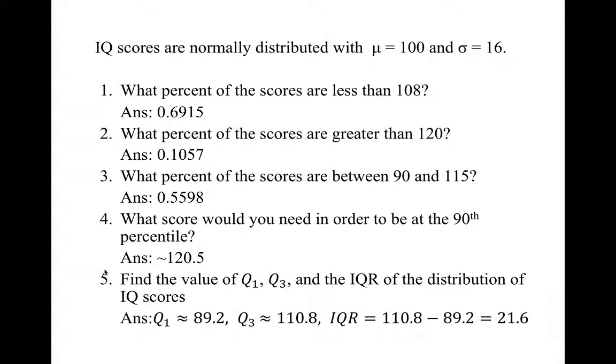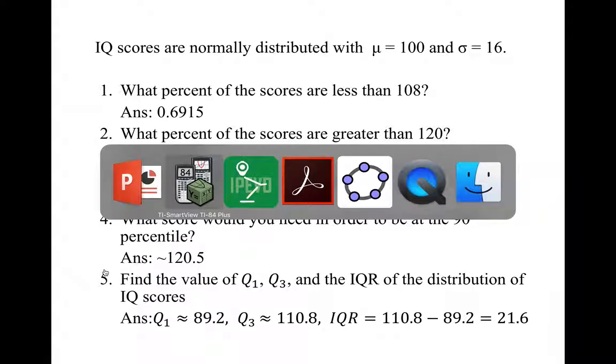Okay, so you should end up with the first quartile is about 89.2, the third quartile is 110.8, and then the IQR ends up being about 21.6. Okay, so that problem is going to be very similar to number 4. Okay, let's see, moving on.